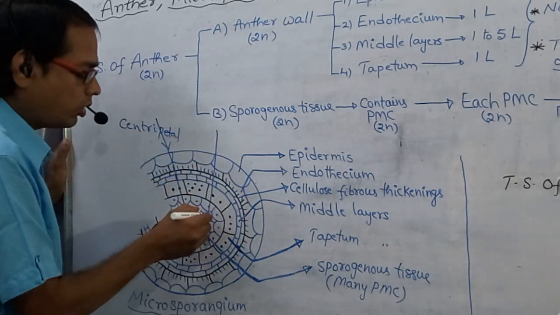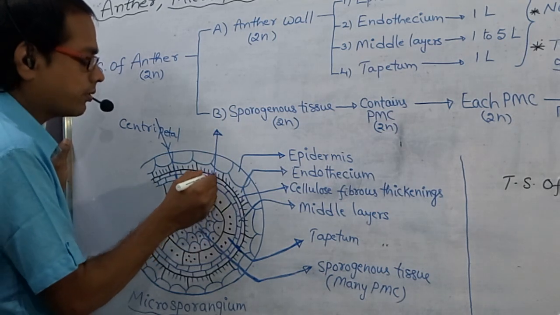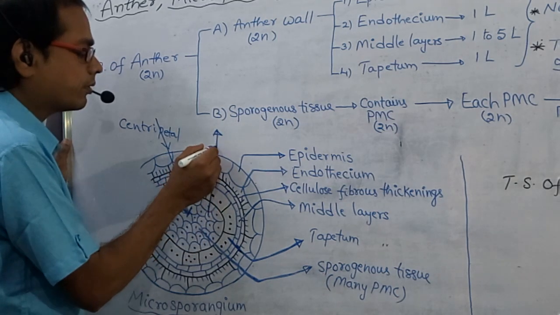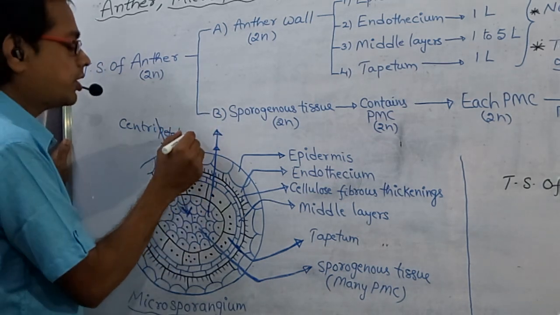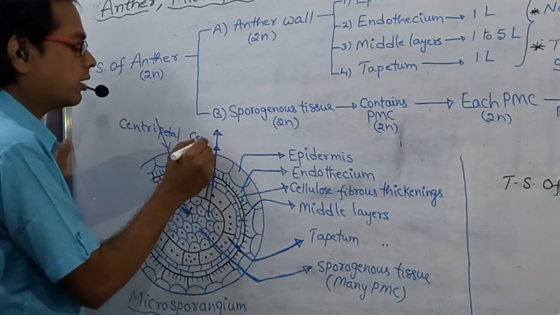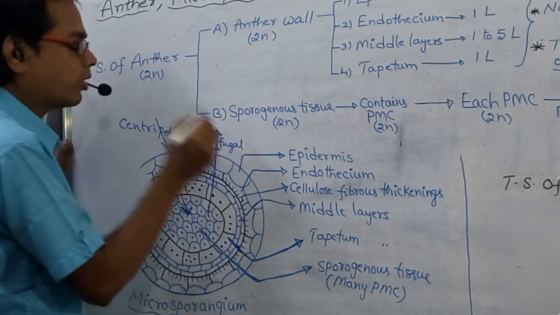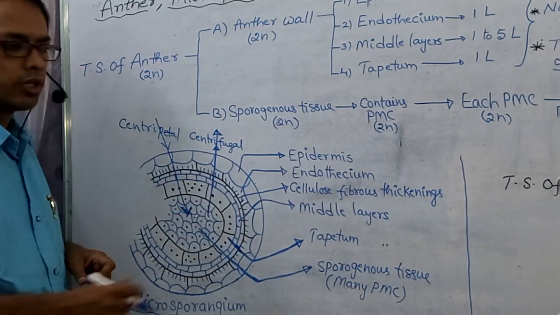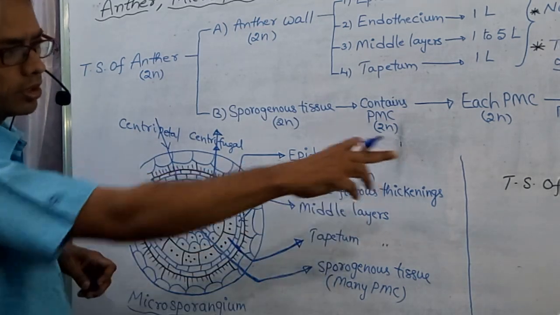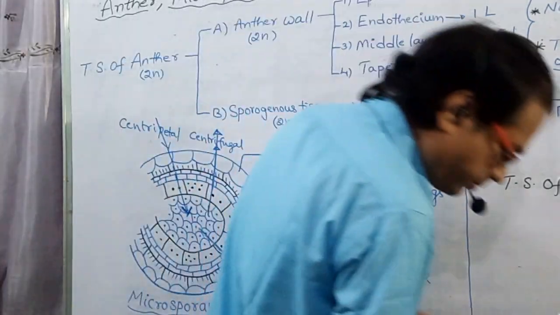See, what do you call this type of arrangement, from center to periphery? This type of arrangement is called centrifugal. Please note down all these points, my dear students. Later I will give the notes for the parts of the anther wall.